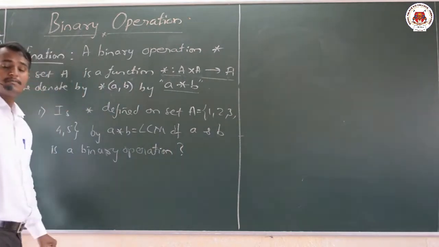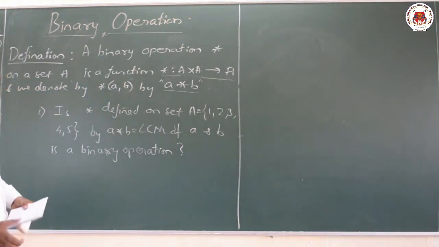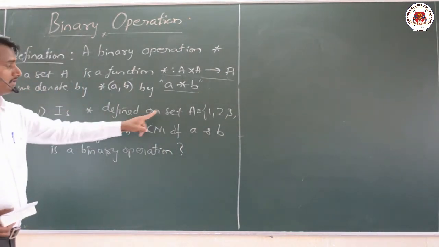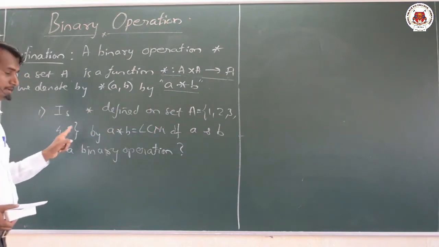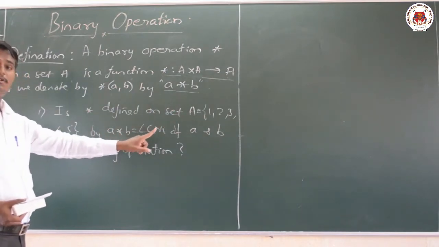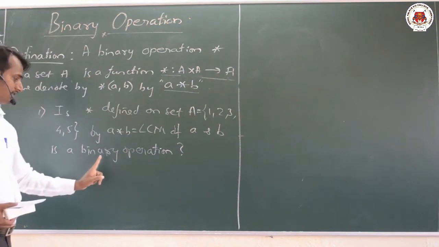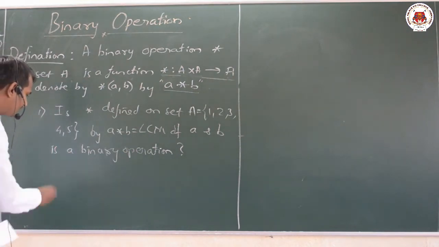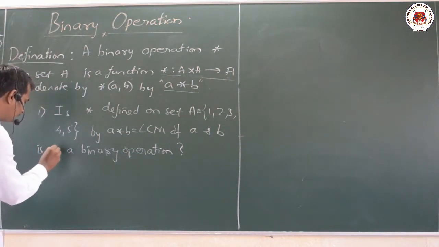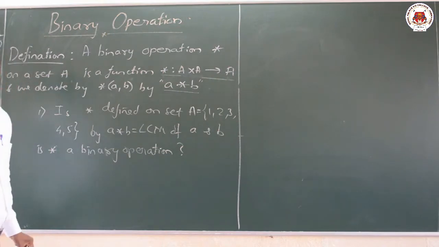The given question is: star defined on the set {1, 2, 3, 4, 5} by A star B equal to LCM of A and B. Is star a binary operation or not?